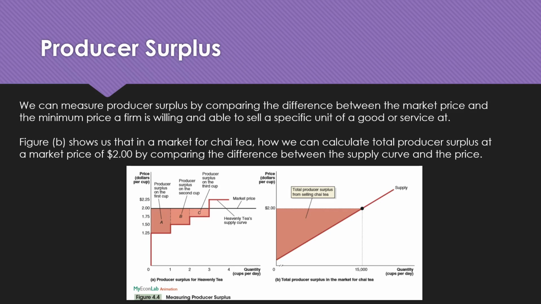We also see how many units would be produced at that $2, and what the economic surplus or producer surplus is from that supply curve and that market price being charged.